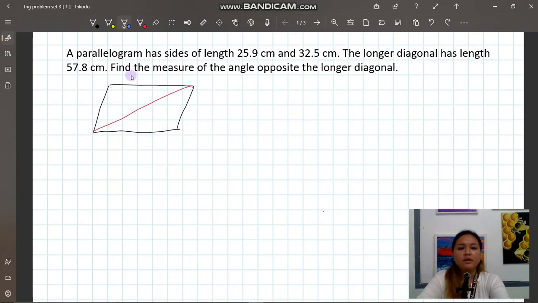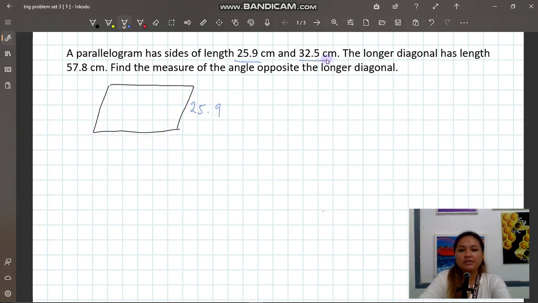Okay, so what are the givens? We have the lengths of the sides of our parallelogram. Of course, the shorter side measures 25.9, so the opposite side is also 25.9 because they are equal in length.